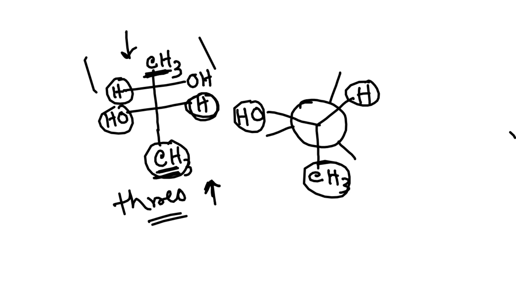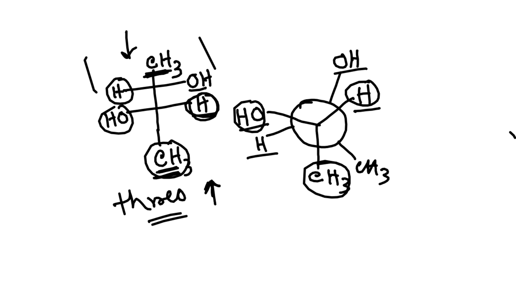That means they are on the same side. So we put the other CH3 group over here, and because it is threo, we put OH over here, hydrogen over here. Why are we doing so? Because you can see this OH and this hydrogen are on the same side, so we are putting this hydrogen and this OH on the same side. Similarly, this OH and hydrogen on this side.